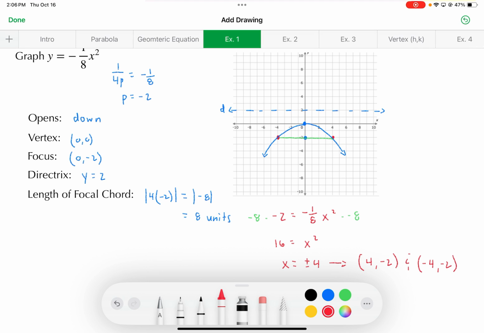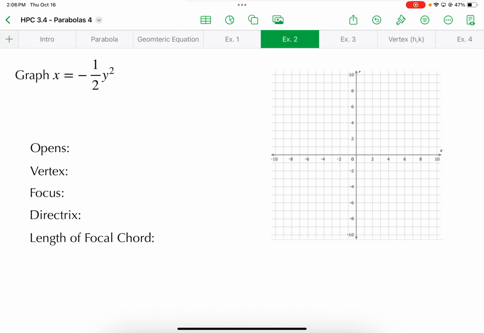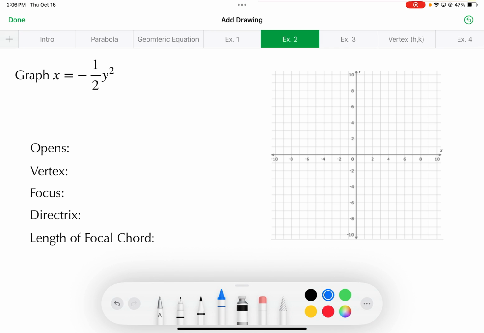All right, example 2. Which way are we opening? I heard down, I heard left. Somebody's right. Yeah, it's going to be left this time. So it's still a negative coefficient, but now y is being squared. Okay?